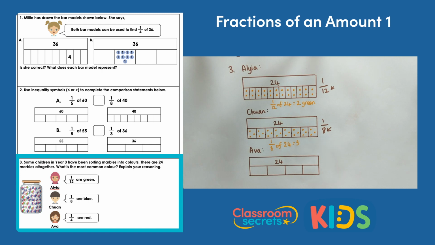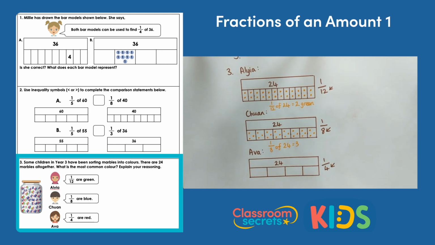Moving on to Ava, she has told us that 1/4 of these marbles are red. So I have split my bar model here into 4 equal parts. And again, I'm going to share 24 marbles equally.